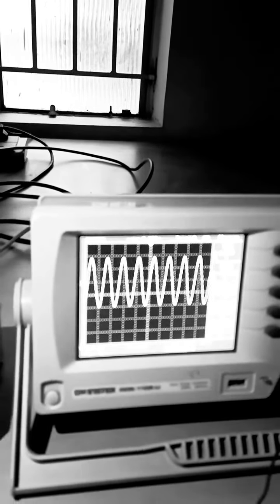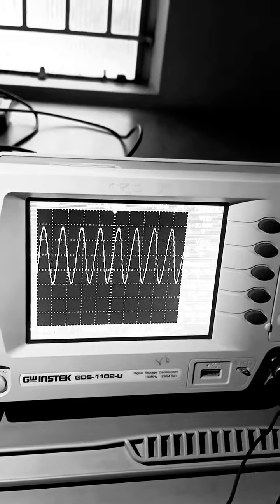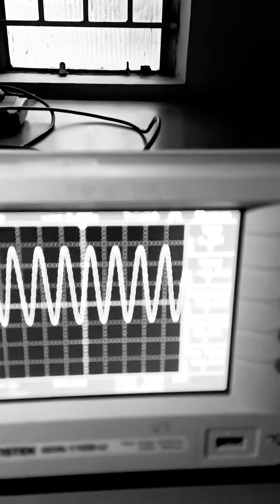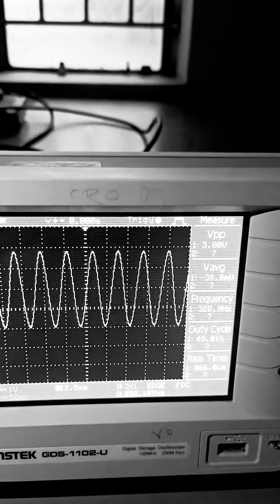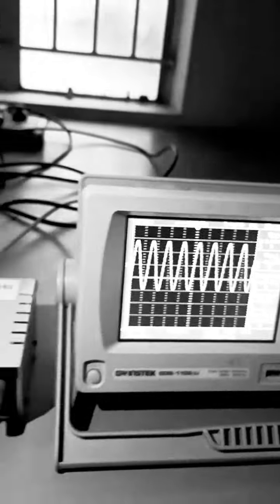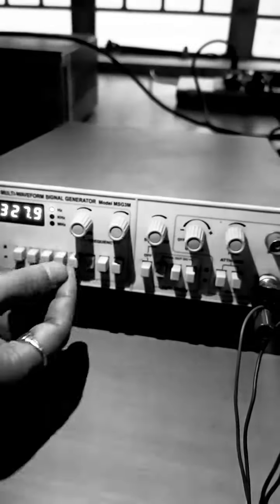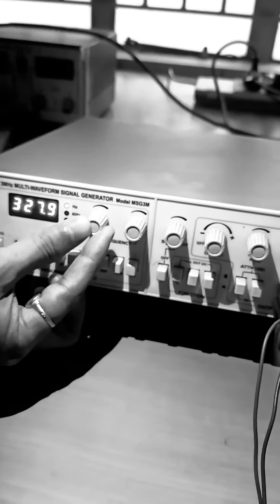So I'll note down that at 300 hertz the voltage here is around 3.80 volts. I'll increase the frequency to 500 hertz.